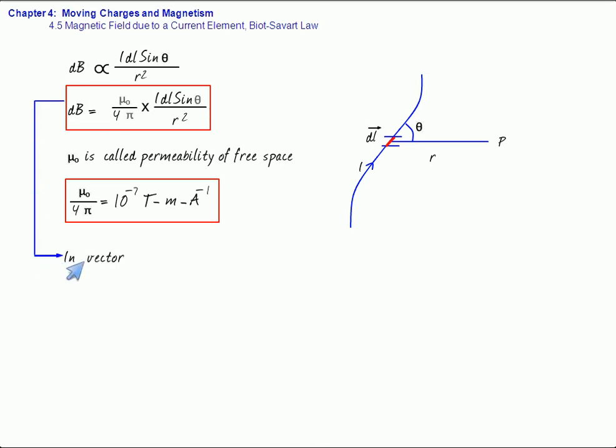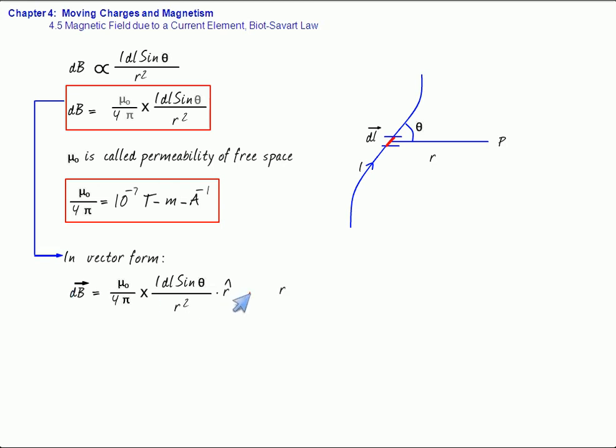In vector form, we can write dB vector equals mu naught upon 4 pi, I dl sin theta divided by r square, into a unit vector r cap. R cap is the unit vector which shows the direction of the magnetic field dB, right? When we write the vector sign on dB, then we have to write the unit vector on the right hand side. What is a unit vector?